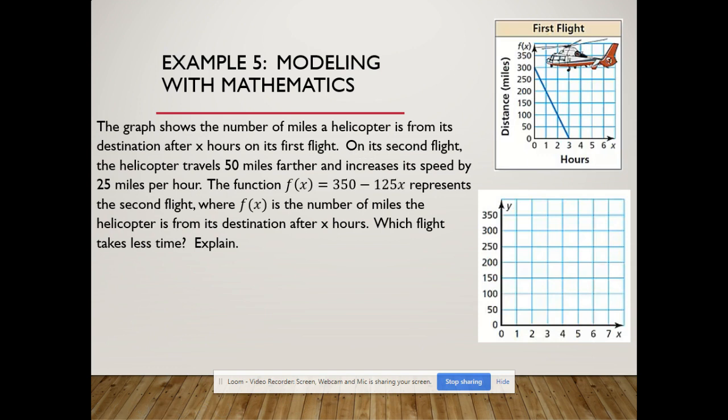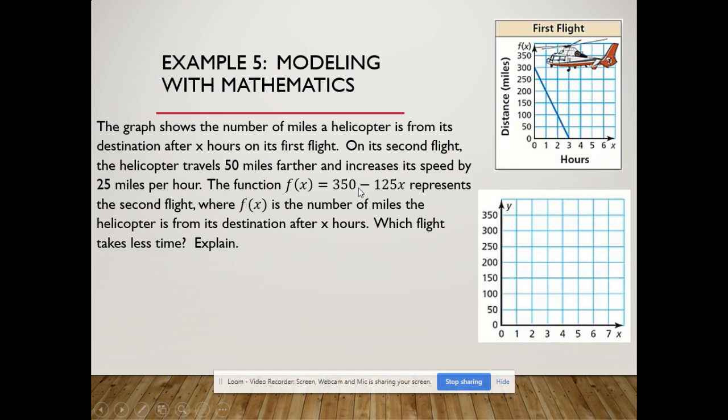On its second flight, the helicopter travels 50 miles farther, but it increases its speed by 25 miles per hour. So then we get this function. Now notice this 350. It said we went 50 miles farther. This had been 300. Well, 50 miles farther than that.